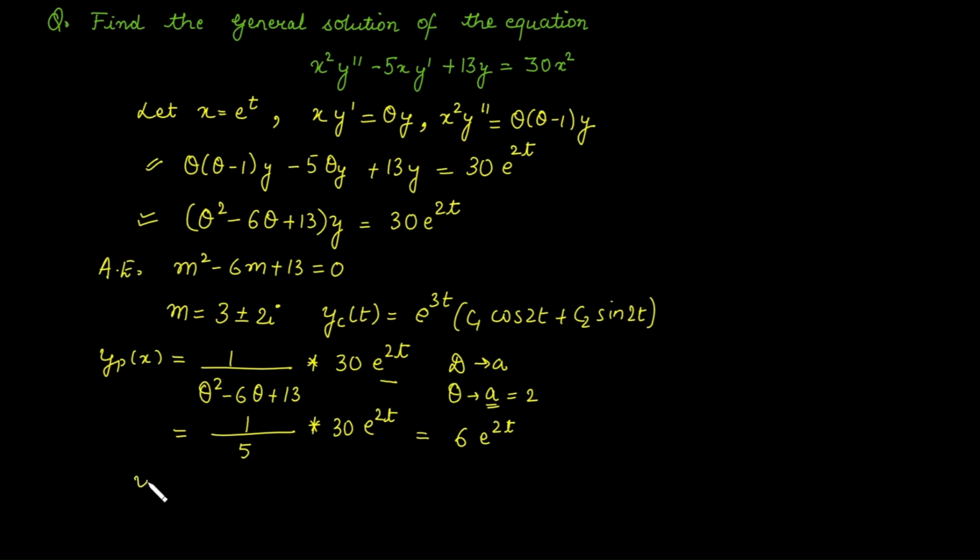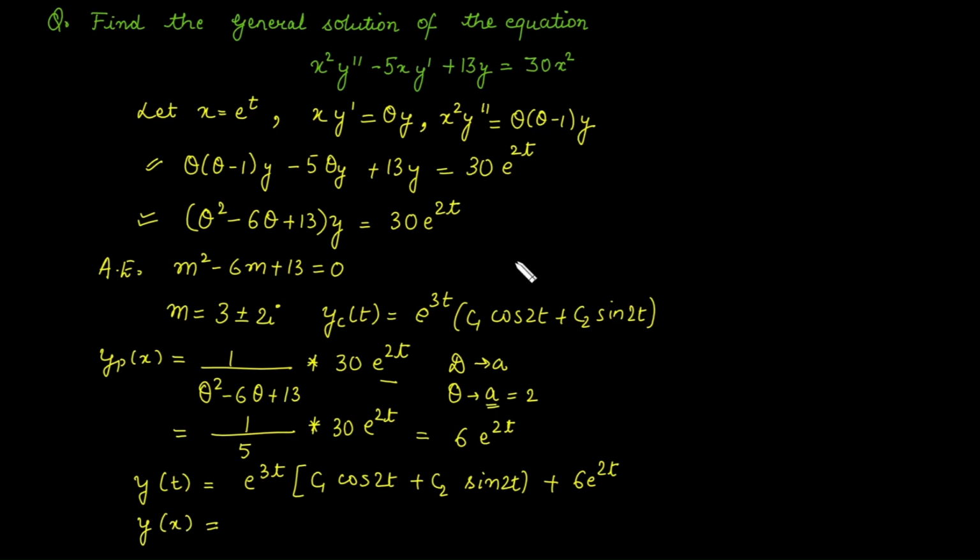So the final general solution in terms of t is equal to e raised to power 3t into c1 cos of 2t plus c2 sine of 2t, plus 6 times e raised to power 2t. Now the final solution in terms of the x variable.